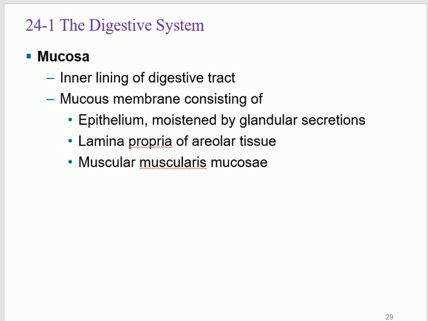This is a layer of the muscles. I'm not talking about those two. This is inner, this is the actual muscles. But there is a tiny extra layer of muscle here between the mucosa and submucosa, and this is called the muscularis mucosa. The muscles under the mucosa, meaning. Okay, this is an extra layer. Are these the actual bulk muscles? No, just an additional layer separating mucosa from the submucosa.